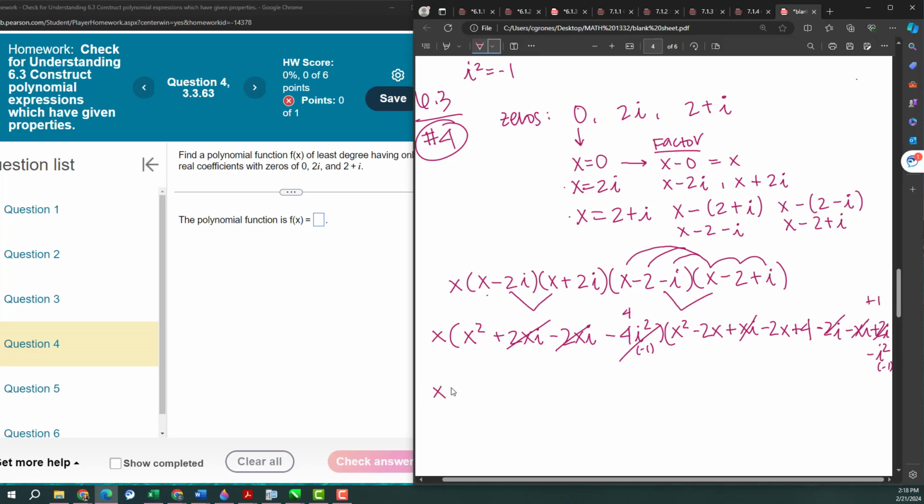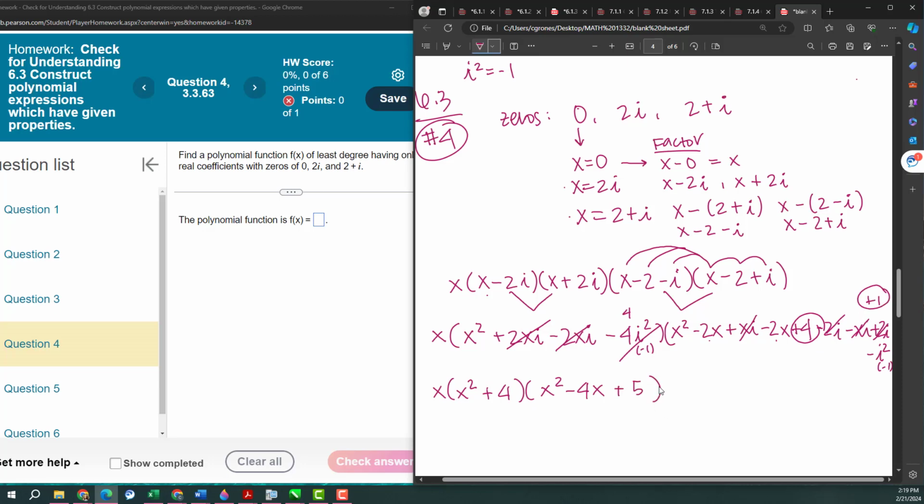I have x, and then I have x squared. These have canceled out, and I'm left with a positive 4, so x squared plus 4. Okay. And then I have x squared, and then negative 2x, negative 2x, I've got minus 4x. We can join our like terms. And then we have 4 and then plus 1, so plus 5.